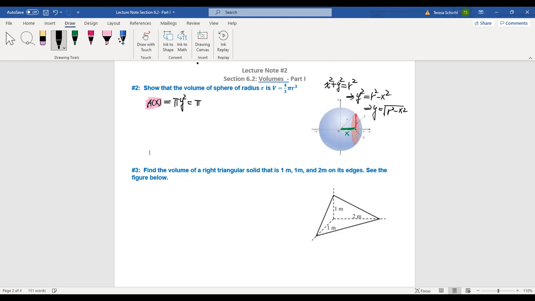So this will be pi times the square root of r squared minus x squared, squared, which is pi times r squared minus x squared. Now I'll be able to find the volume: A(x) is pi times r squared minus x squared, dx.